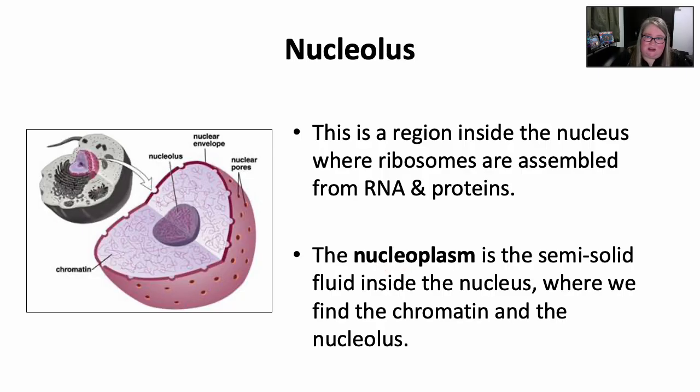It's going to be semi-solid like the cytoplasm. This is where we're going to find the chromatin. We're not going to find much else besides the chromatin here because some of the stuff in the cytoplasm will literally degrade or break down our DNA. So the nucleoplasm is going to protect our DNA, as well as the nuclear envelope.